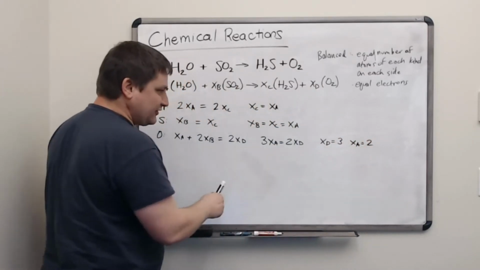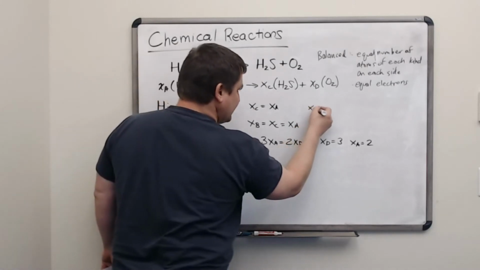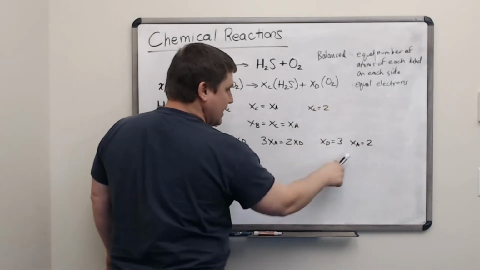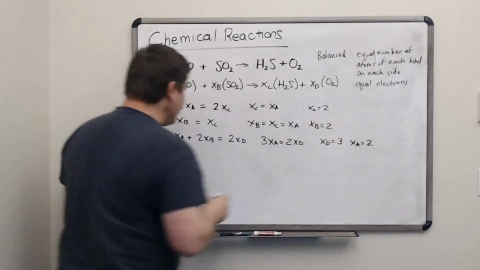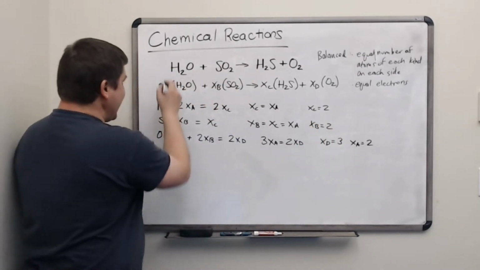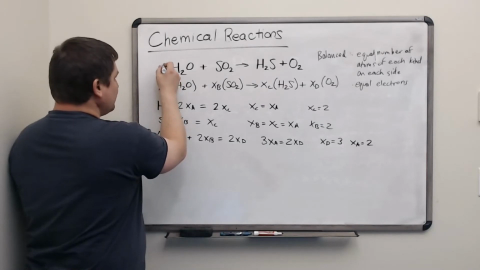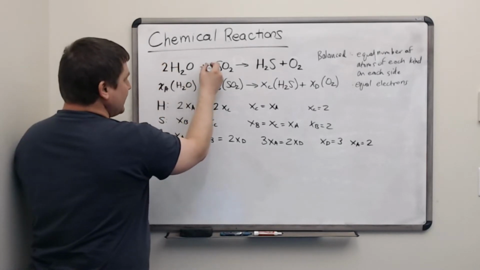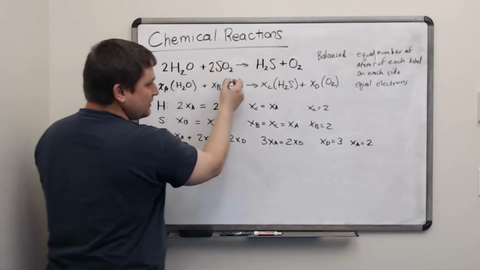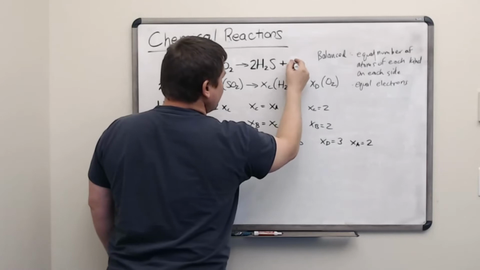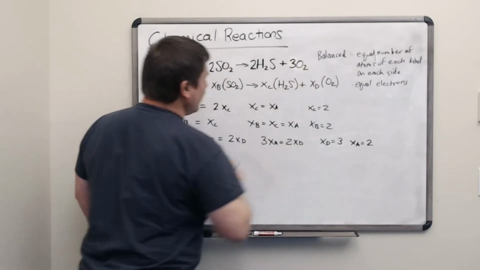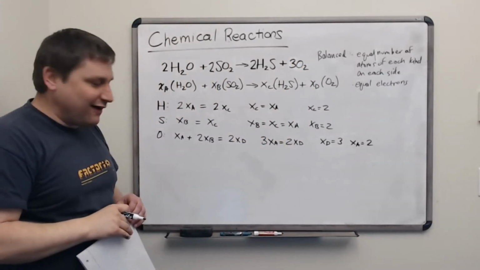That solves this equation, and then therefore XC will be equal to XA, which is 2, and XB will also be equal to XA, which is 2. So the balanced reaction will then have a 2 here, a 2 here for XB, a 2 here for XC, and a 3 in front of the O2. And you can check that that's balanced.